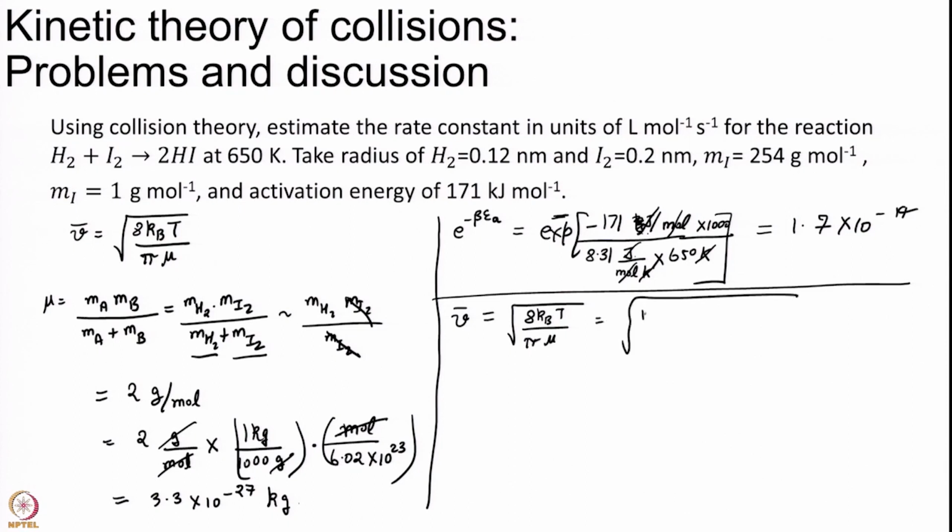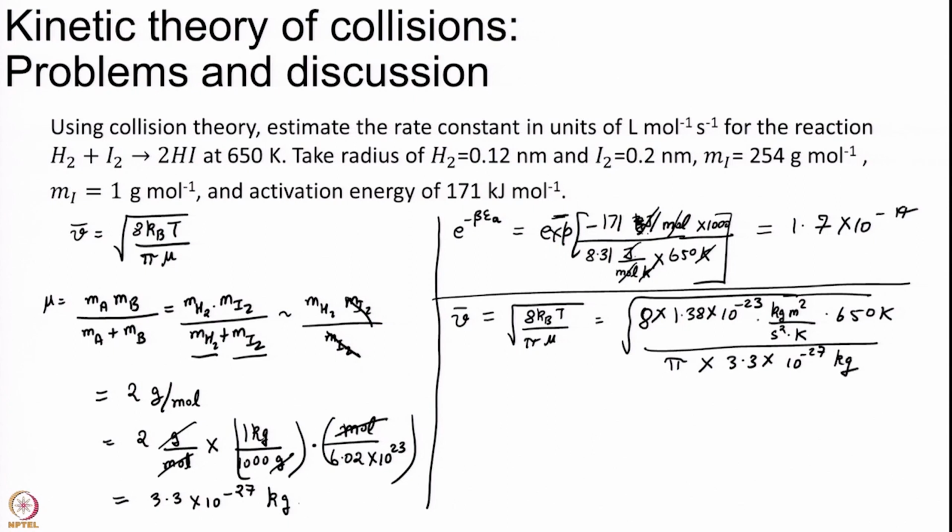So, 8 times kB, what is kB? kB is 1.38 into 10 to the power of minus 23 kilogram meter square per second square Kelvin into 650 Kelvins divided by pi, and mu I have found to be 3.3 into 10 to the power of minus 27 kilograms. So, kilogram cancels with kilogram, Kelvin cancels with Kelvin, and if you plug everything in you get 2631.6 meters per second.